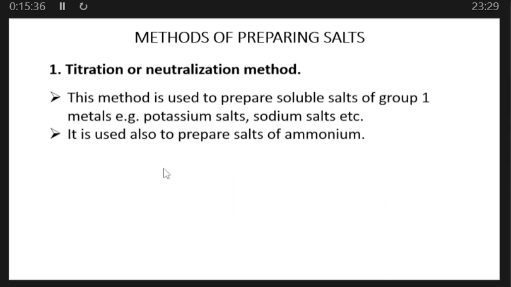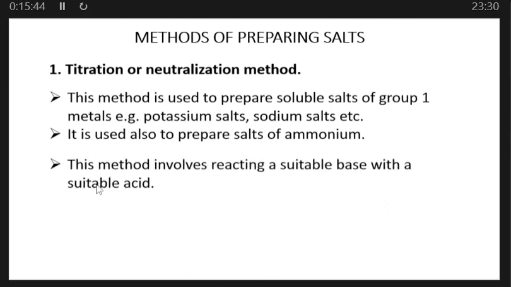All right. So now, when you are using this method to prepare a salt, reactants should be in what form? We are saying this method involves reacting a suitable base with a suitable acid. So meaning that if you are asked to prepare a certain salt, then the reactant that must be used to prepare such a particular salt must be a suitable base and a suitable acid.